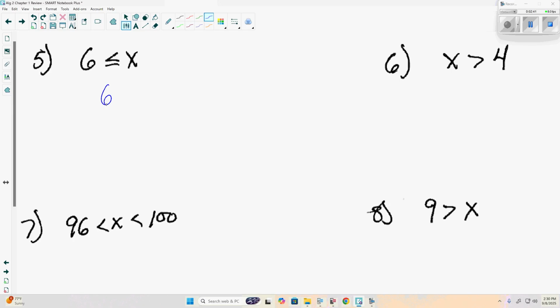Are we going to positive infinity or negative infinity? Positive, because x is greater. Even though the x is on the right side of it, it's still bigger. We're going to infinity. We feel good with 1 through 8. All right.